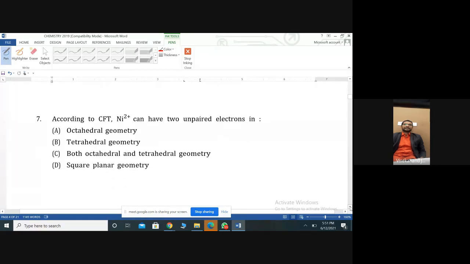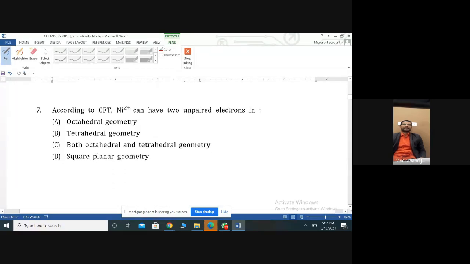According to crystal field theory, nickel can have 2 unpaired electrons in: octahedral geometry, in tetrahedral geometry, in both octahedral and tetrahedral geometry, in square planar geometry.